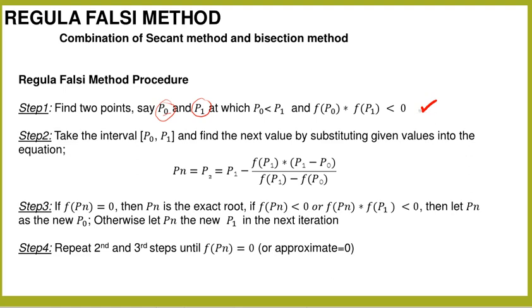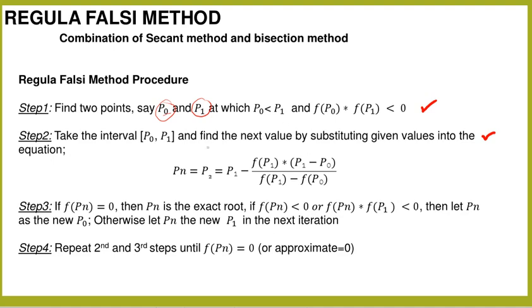Okay? So, pangalawa, if nakuha na natin yung two initial points, we have to take the interval, yung value ng Pn, para malaman natin yung value ng next iteration natin. Okay. So, if maalala nyo din, ito yung step 2 natin for in secant method. So, you have to take the interval of your two initial points.